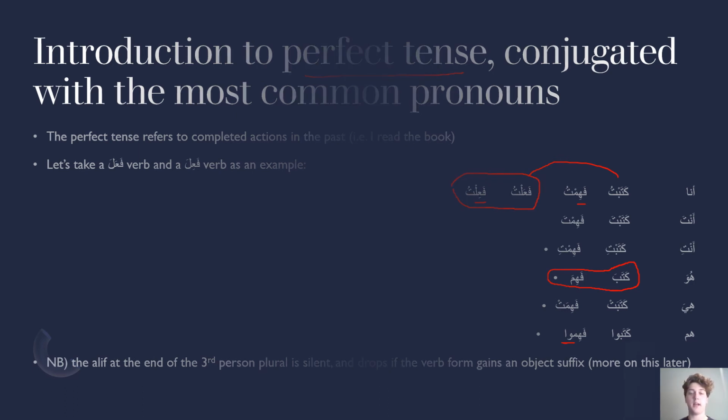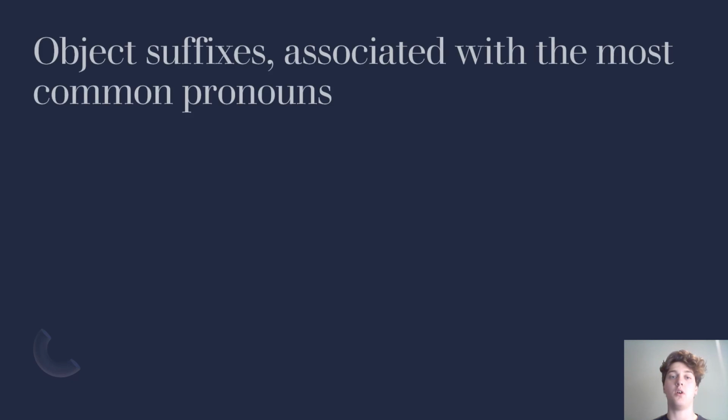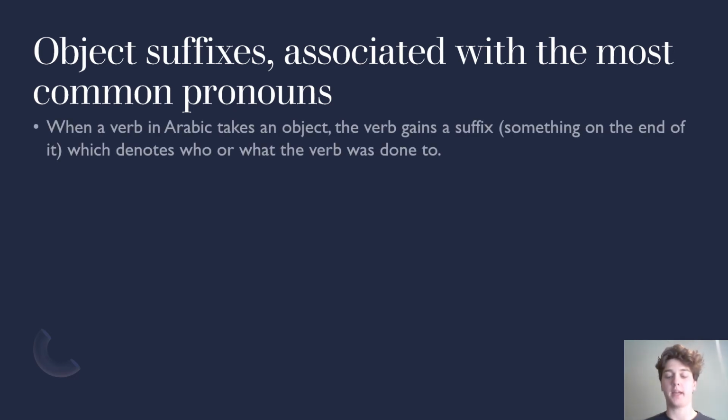So now to object suffixes. When a verb in Arabic takes an object, the verb gains a suffix, which means something on the end of it, which denotes who or what the verb was done to. So you can think of this as the accusative case maybe, or simply the object of a verb.